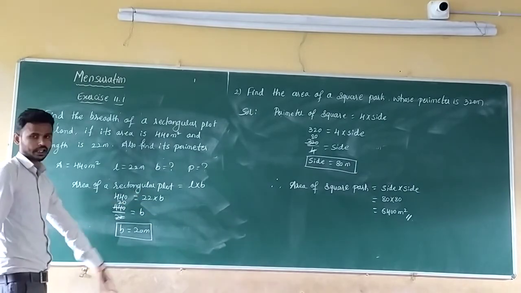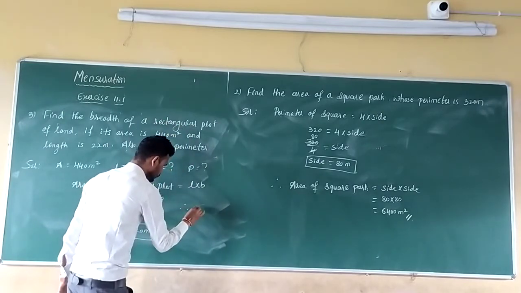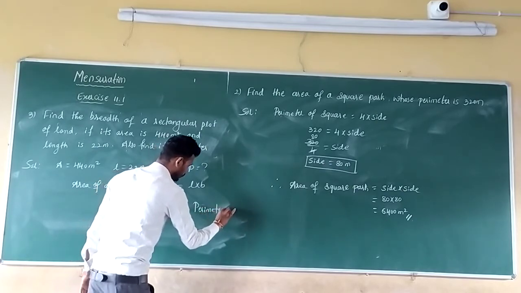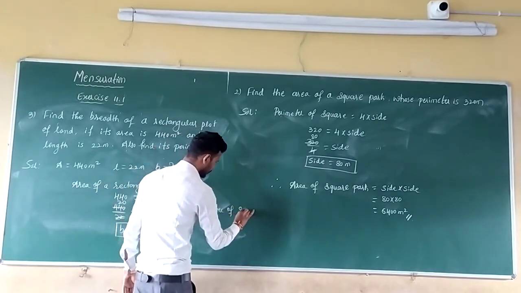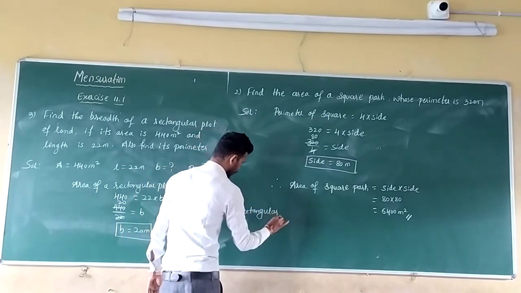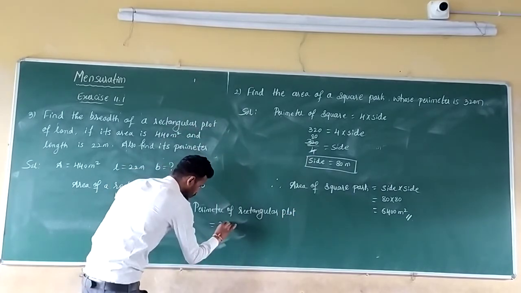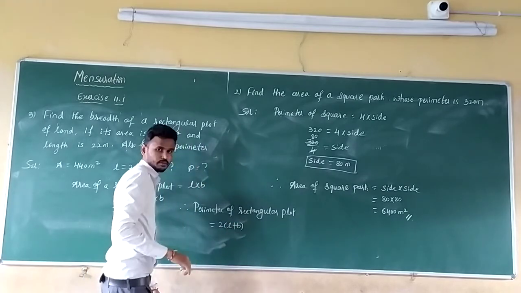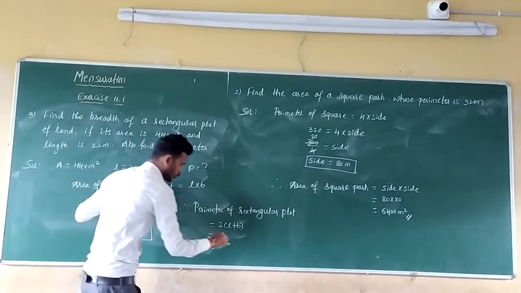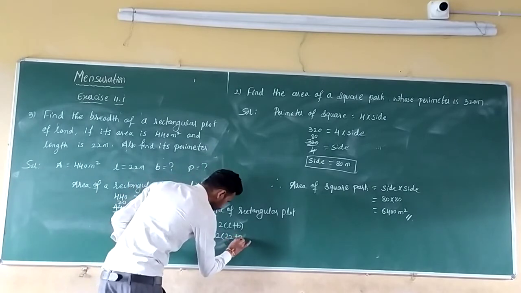Then find its area. Sorry, perimeter. Therefore, perimeter of a rectangular plot is equal to, the formula is 2 into L plus B. So 2 into length is 22 plus breadth, which we got as 20.